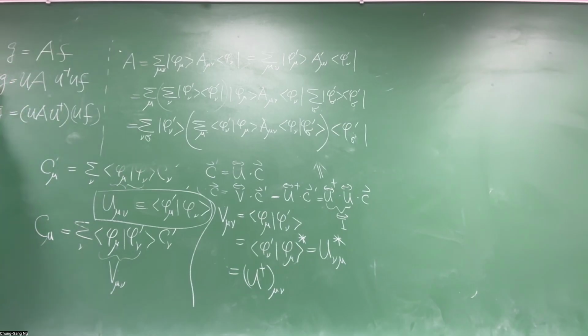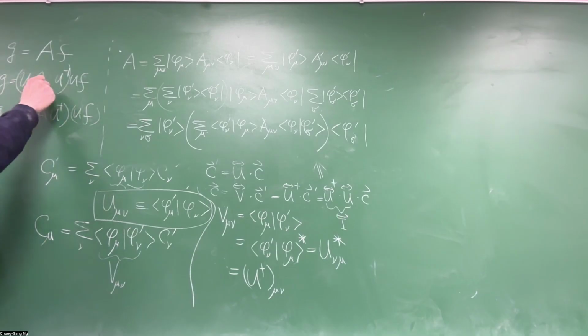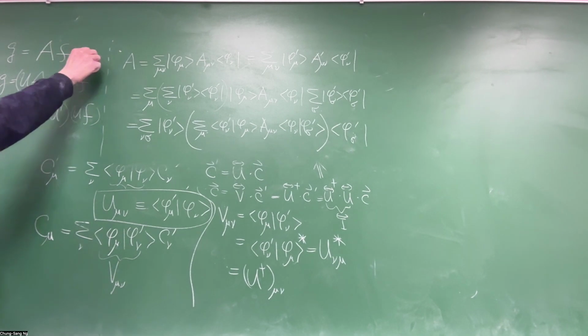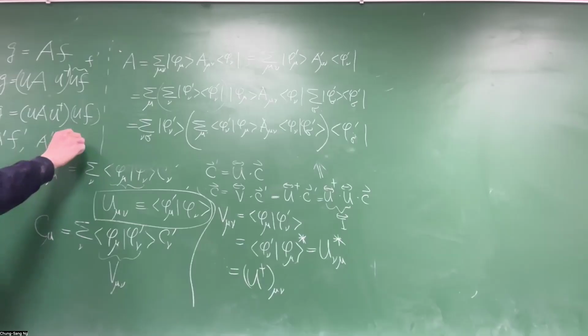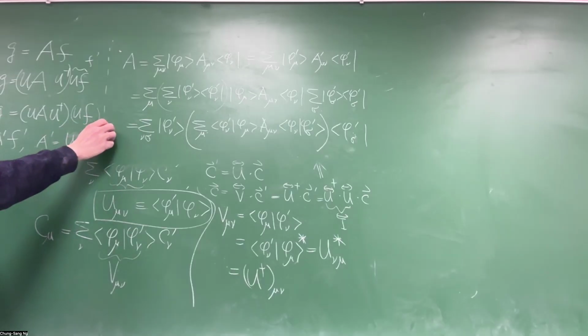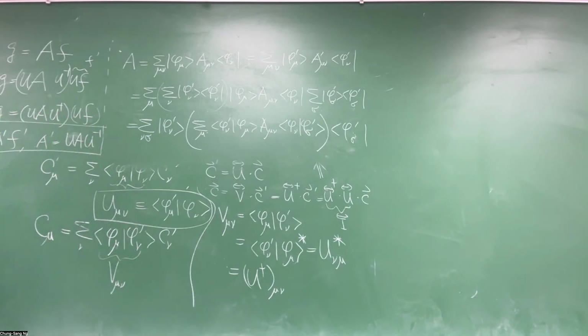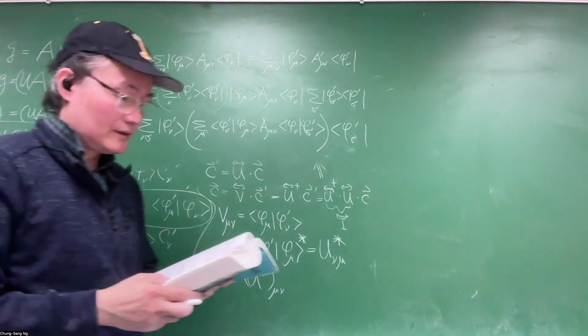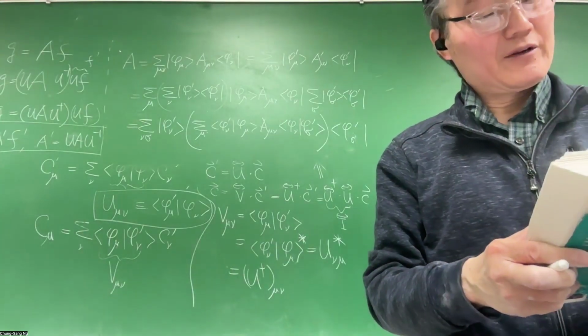So G prime is A prime F prime, and A prime is U A U inverse, without this being U dagger. Sometimes we do that also. This is the so-called similarity transformation.